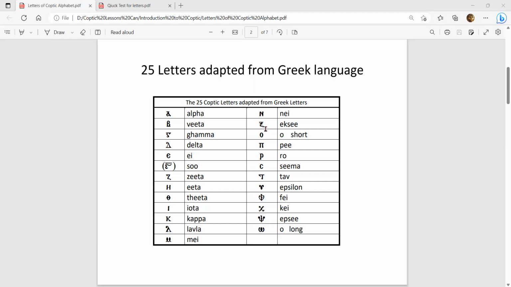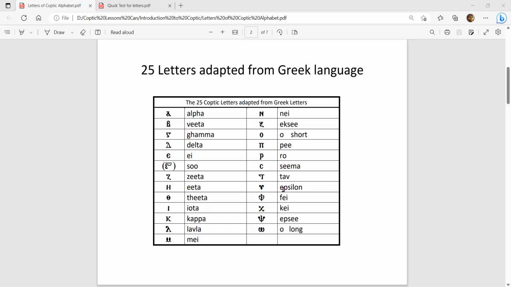Ne. Xi. O short, or Omicron. We shall come to that later on. Then the pi. Then the rho. Sima.